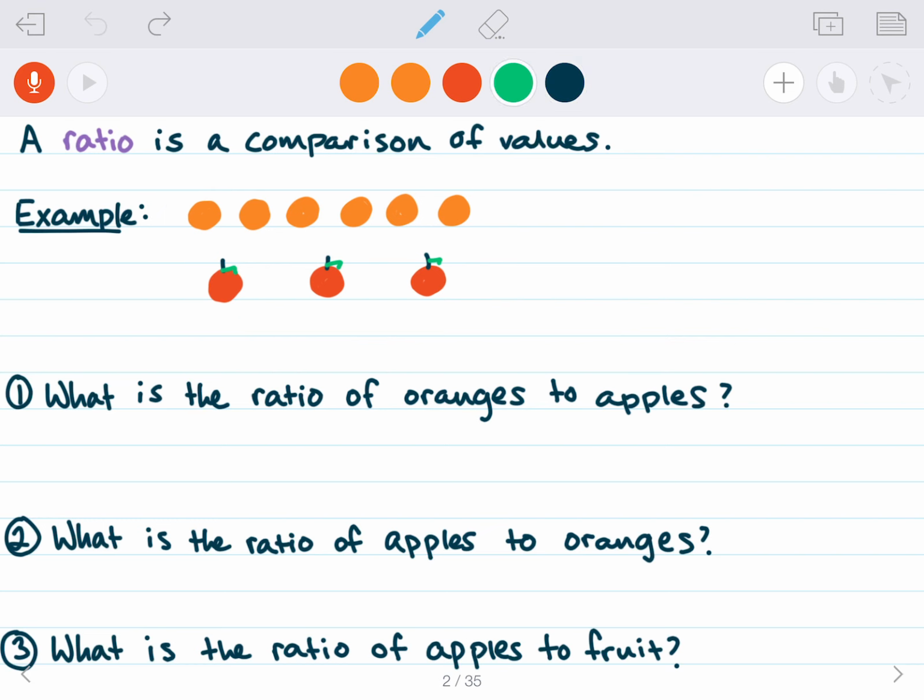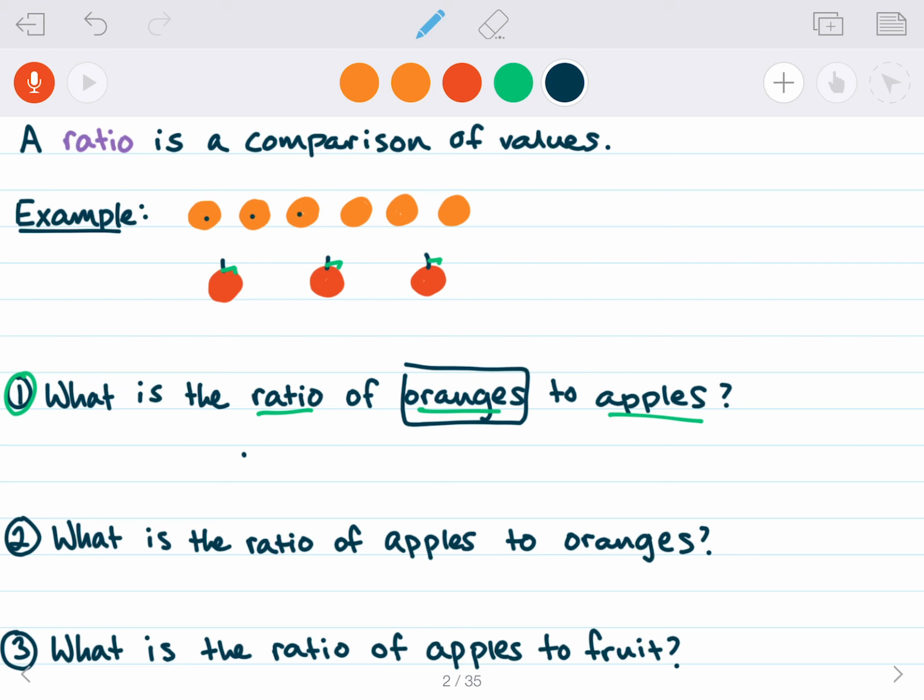Now, let's look at number 1 first. It says, what is the ratio of oranges to apples? So I'm going to show you 3 different ways we can write this. The first way is, since we're comparing oranges first, that's going to come first in writing our ratio. So we count the number of oranges that we have.